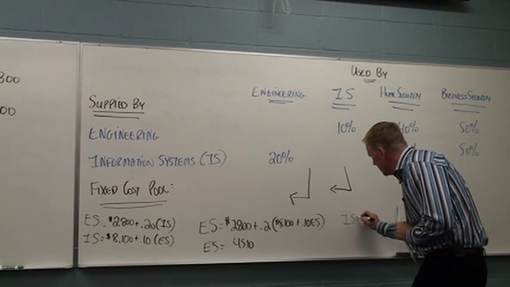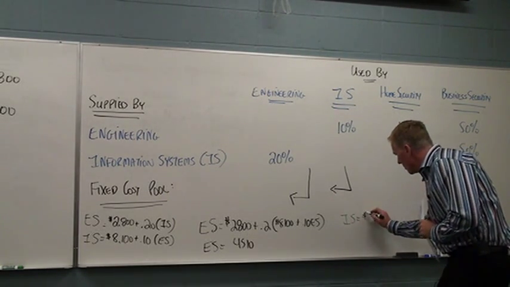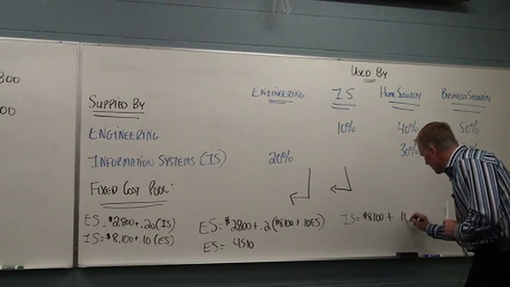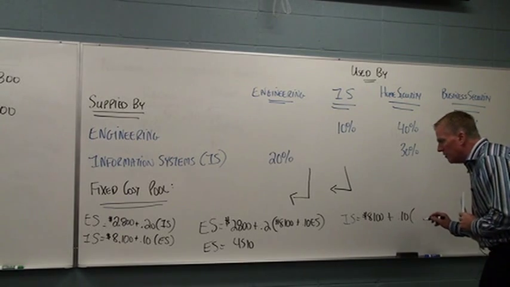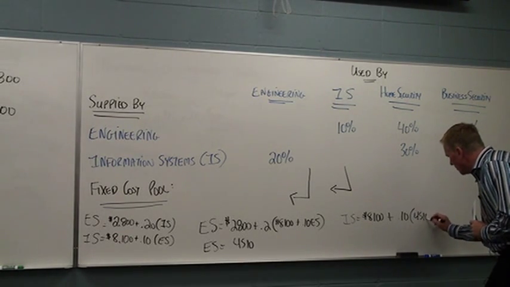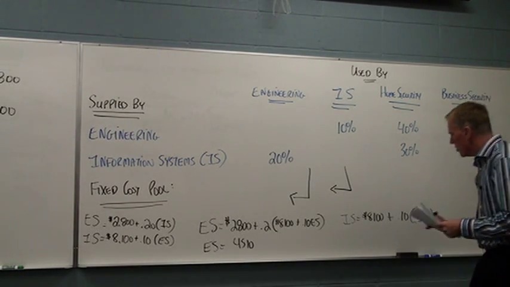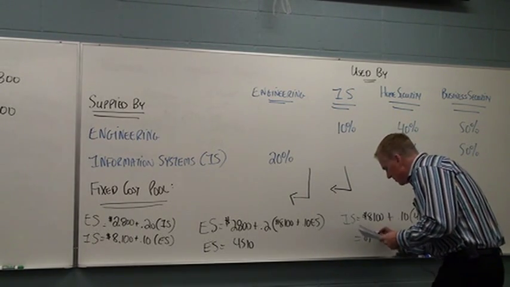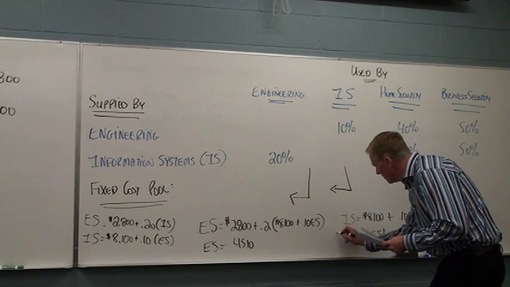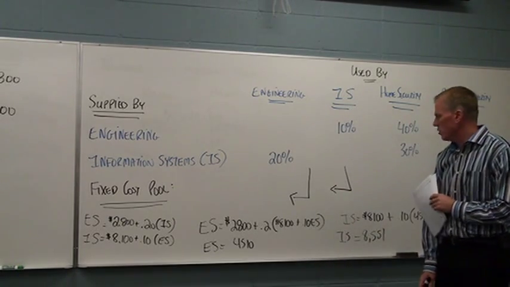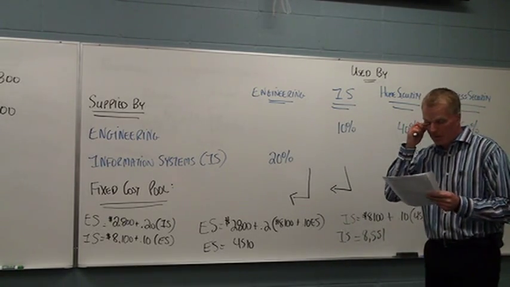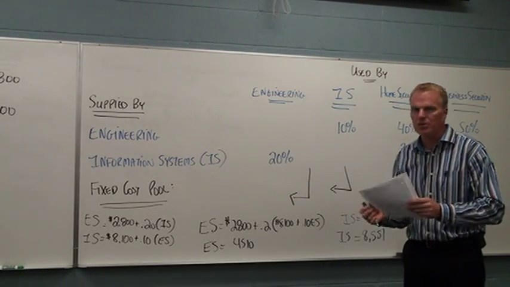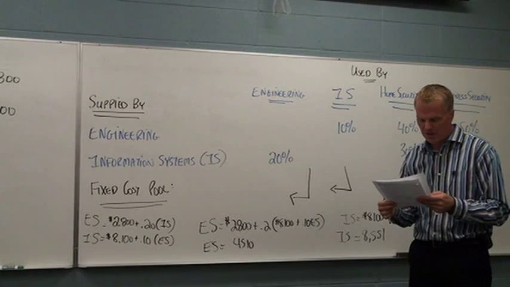You take the information systems formula, 8,100 plus 0.10 or 10% of the engineering number, which was 4,510, and you add those two numbers together, you will get 8,551 as your information systems value. And therefore, you have now solved your two values using the reciprocal method.